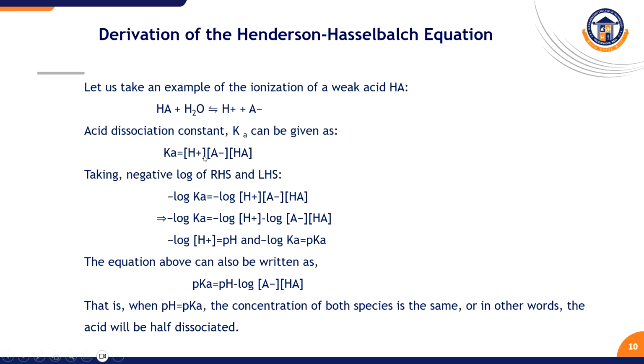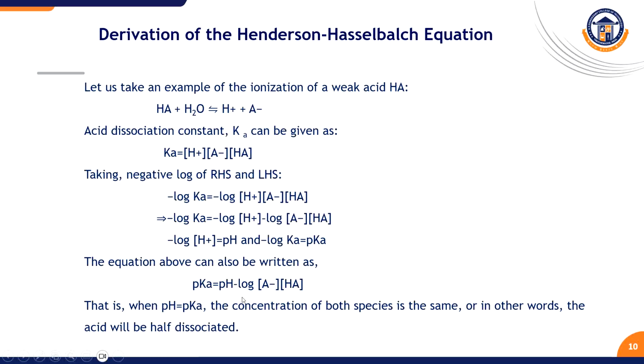dissociation constant is the concentration of the products divided by the reactant, and we have to take the negative logs. It will be converted to minus log Ka is equal to minus log [H+][A-] by [HA]. So minus log [H+] is nothing but pH, and minus log Ka is equal to pKa.